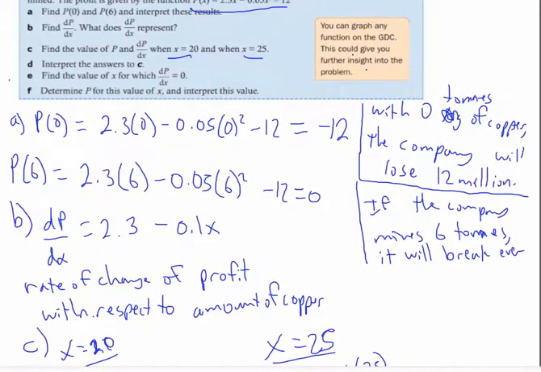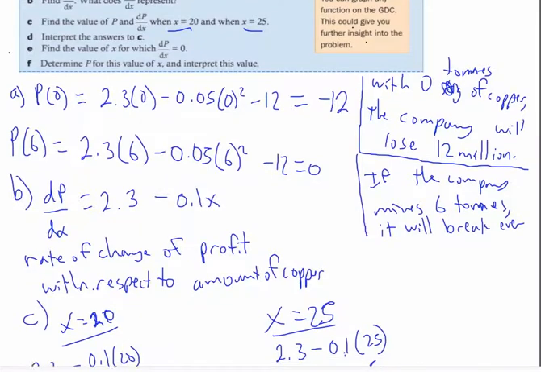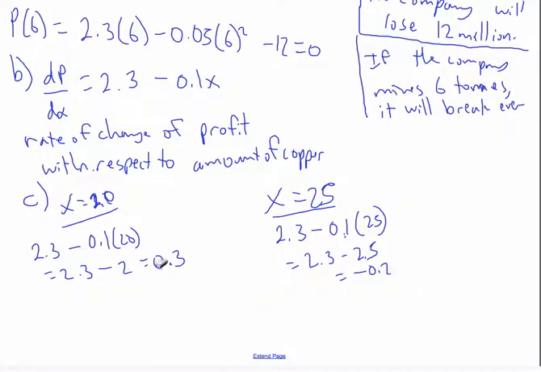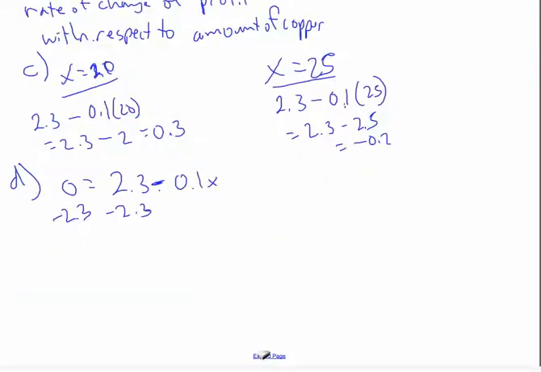Find the value of x for which dP by dx equals 0. So for part D, I let the derivative equal 0 and solve for x. I'm going to subtract 2.3 from both sides, and I get negative 2.3 equals negative 0.1x.